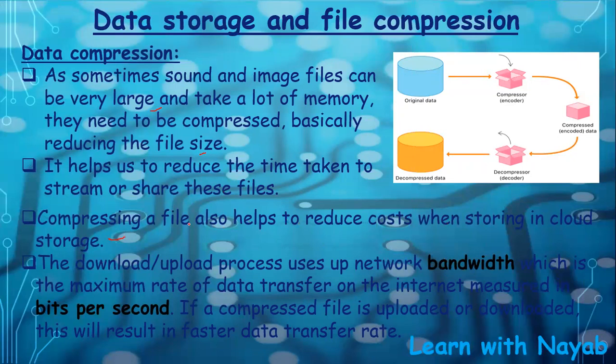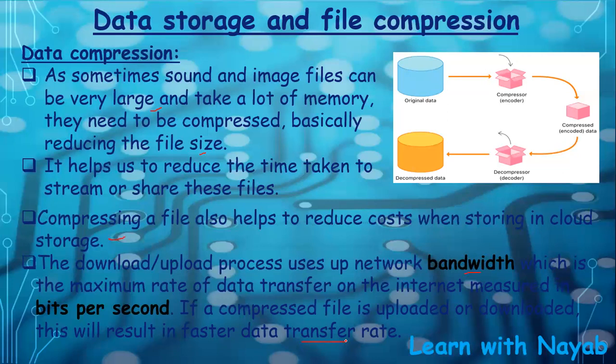The download or upload process uses a network of bandwidth, which is the maximum rate of data transfer on the internet measured in bits per second. If a compressed file is uploaded or downloaded, this will result in faster data transfer. So when we upload or download a sound file or an image file, the used network is called bandwidth, measured in bits per second, like how many bits are downloaded in a second, or how many bits are uploaded in a second.